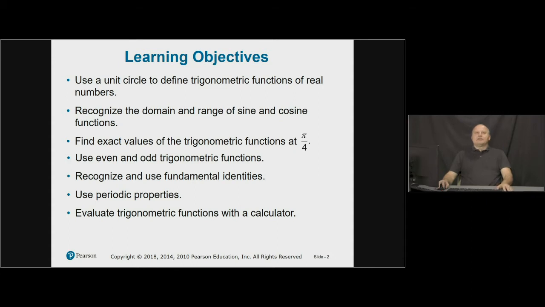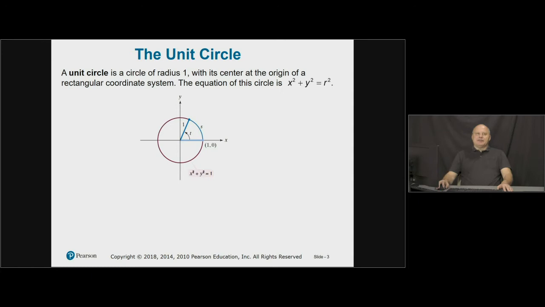Okay, so let's begin. Look at the unit circle. Unit circle is of radius 1 with the center at the origin of a rectangular coordinate system. The equation of the circle is x squared plus y squared equals r squared. So they took an arbitrary point on the circle, and we call that point xy, the xy coordinate. Okay, the radius in this case is t, and the arc length, I believe they're using it as s, okay?